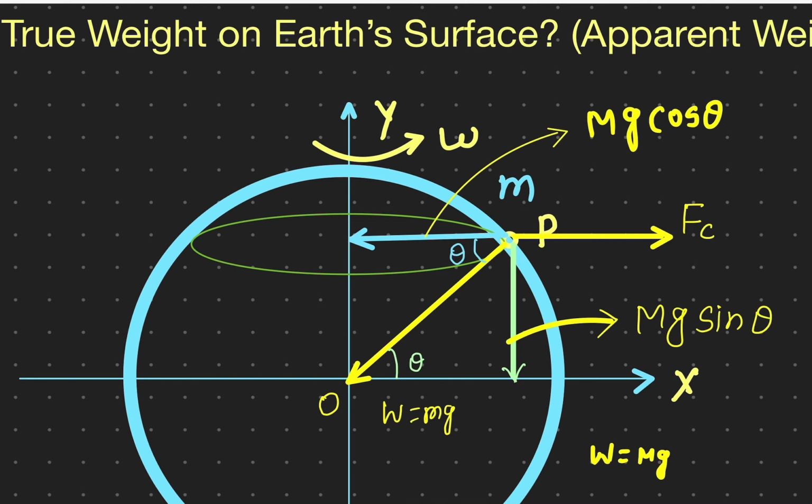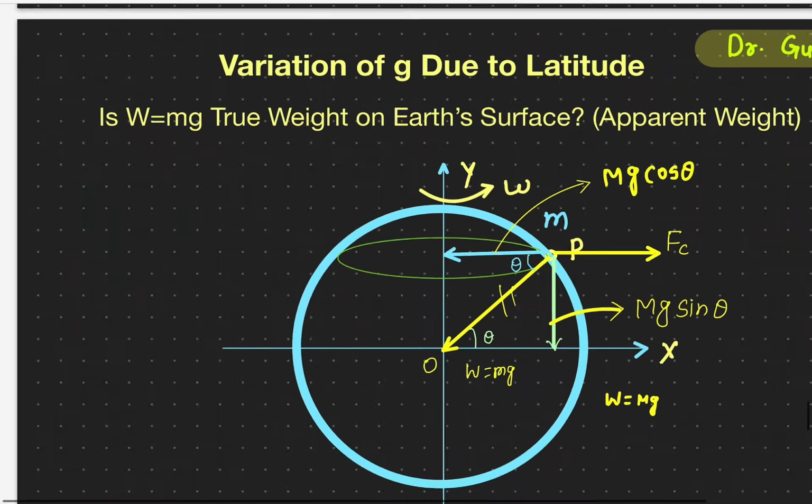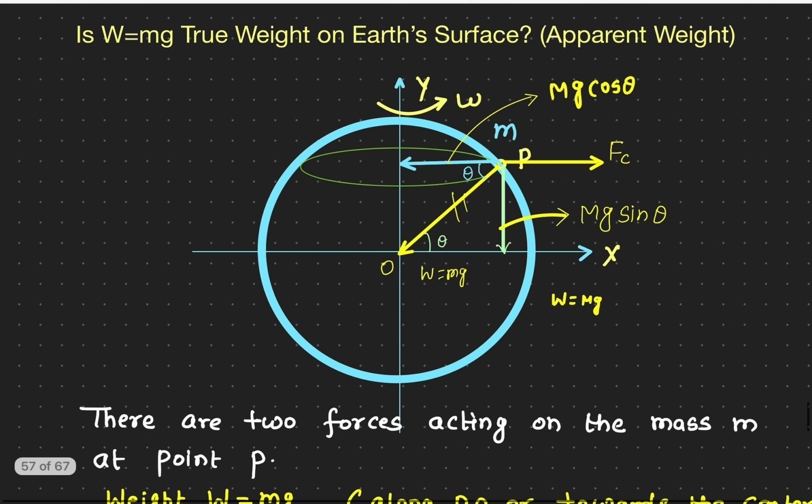That's all you need to know. So we do not need this force now. Okay. So now we have three forces. One force mg cosine theta along the negative x-axis. There is a centrifugal force, and there is one force along the y-axis, which is mg sine theta.